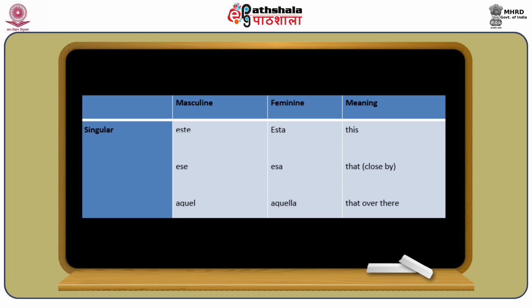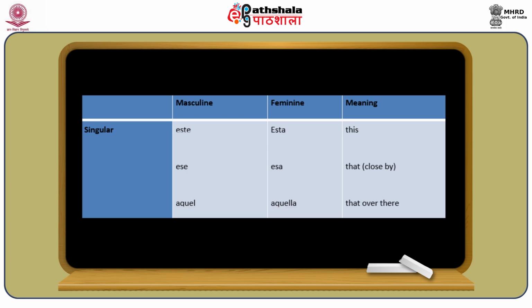Same with that which is close by: for masculine singular it is ese, and for feminine singular it will be esa. So that which is not very far, which is close by, we have ese and esa.